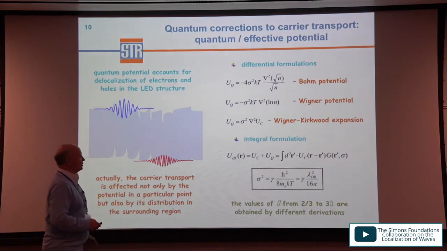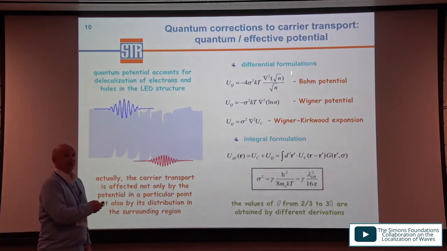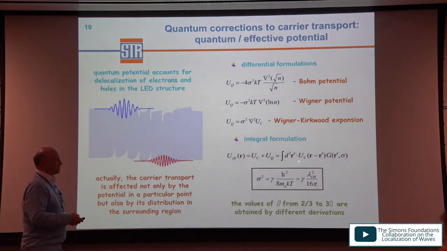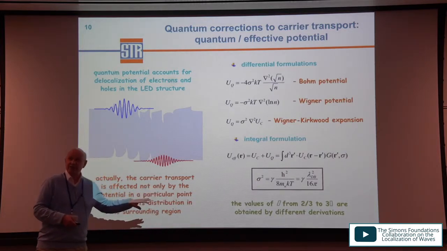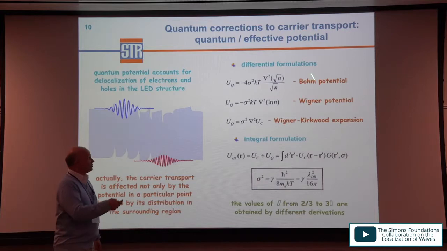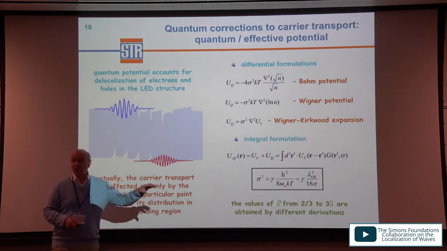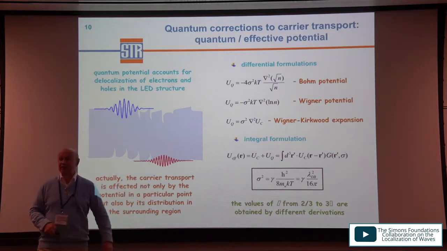And what is also interesting, you can see here very different forms of the quantum potential. As for the effective potential, there are very different forms of the core producing the effective potential. All these quantum mechanical corrections operate with some space scale, which is just related to the de Broglie wavelengths of the carriers.